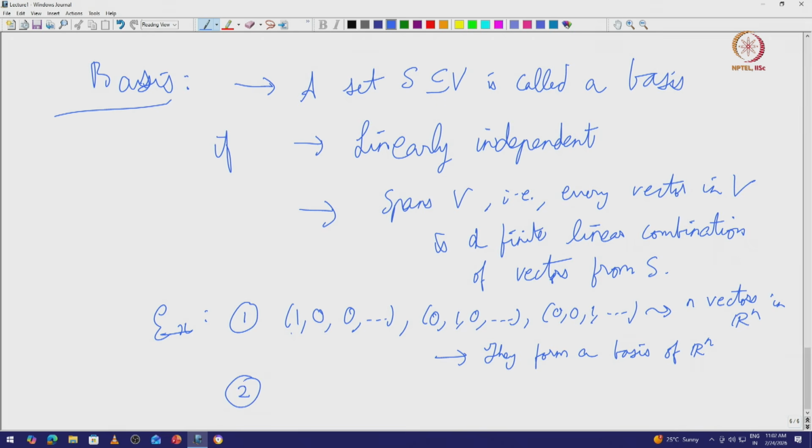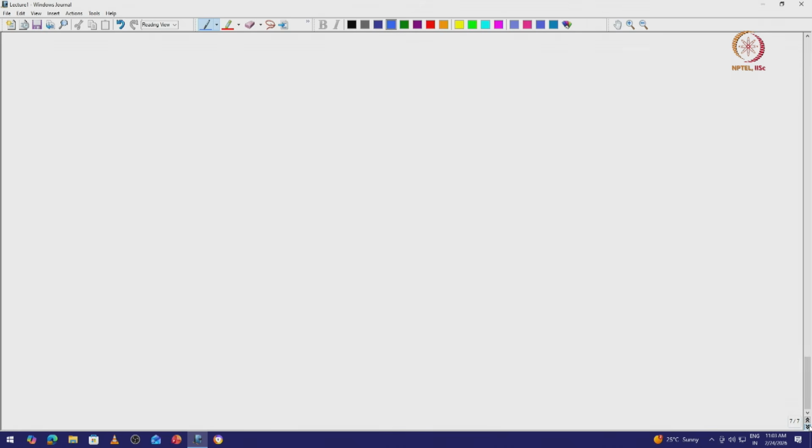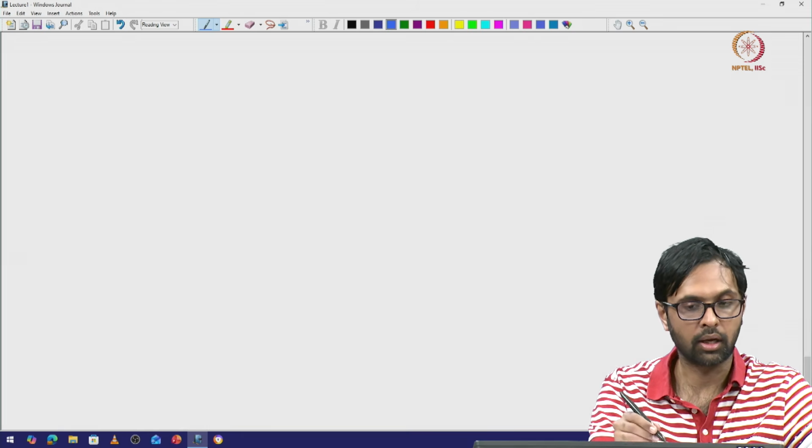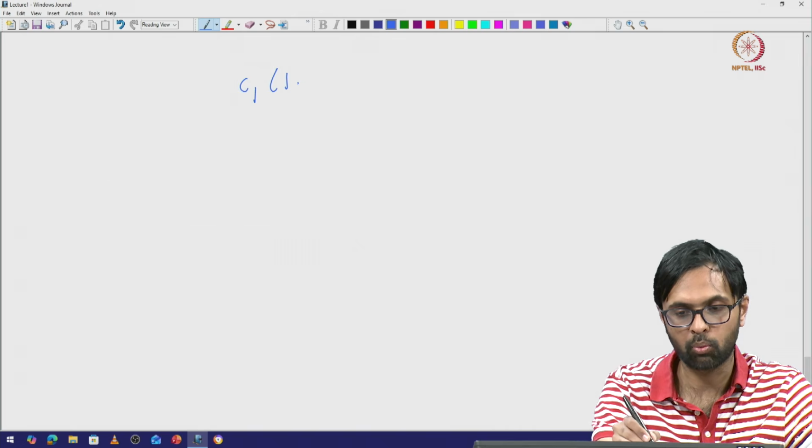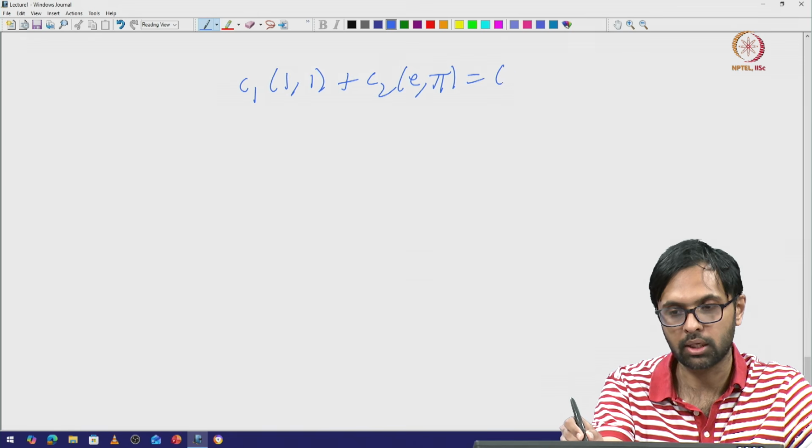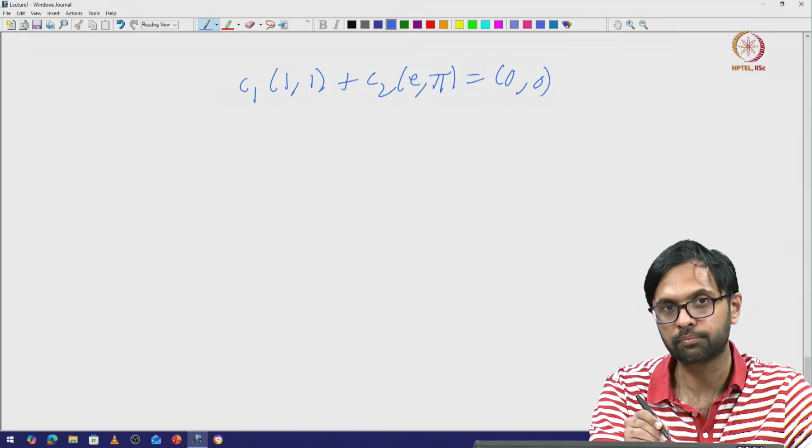So, here is another example. (1, 1) and (e, pi) also form a basis of R2. And why is that so? Well, you need to prove two things. You need to prove that they are linearly independent. Suppose I take C1 times (1, 1) plus C2 times (e, pi), and suppose that equals (0, 0).